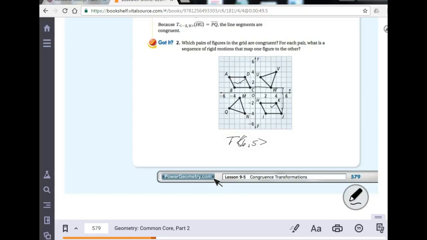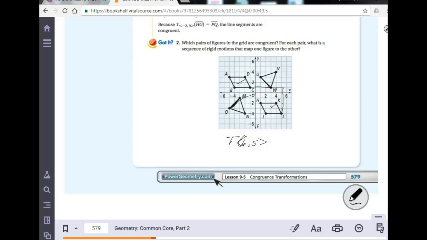Now, to do the triangle, it's a little bit more hectic. This side matches this side. There's a couple of things taking place in here. There are two ways I guess you could do this.